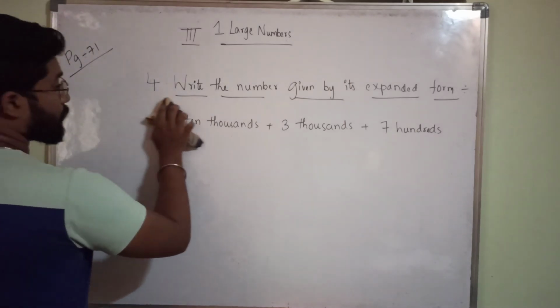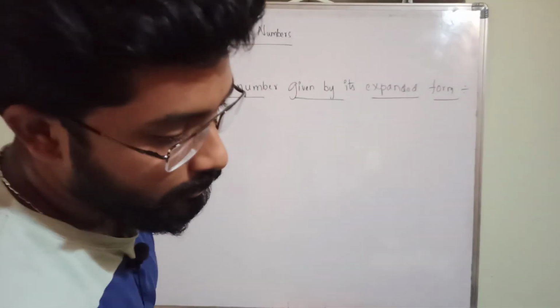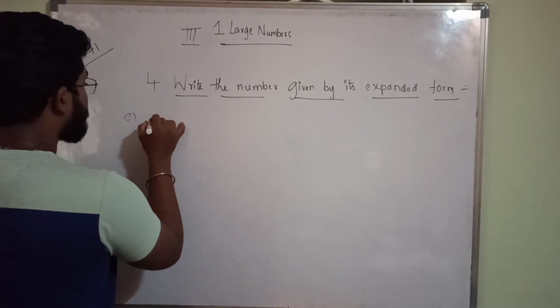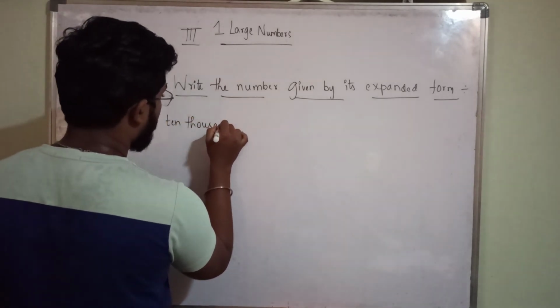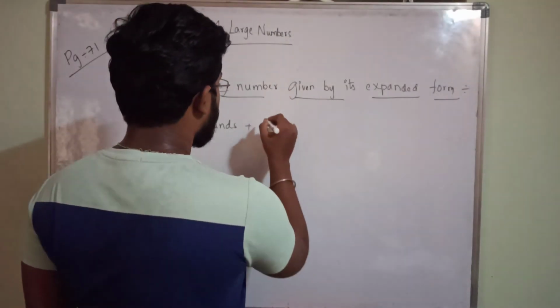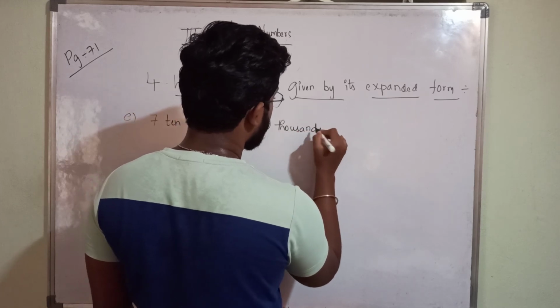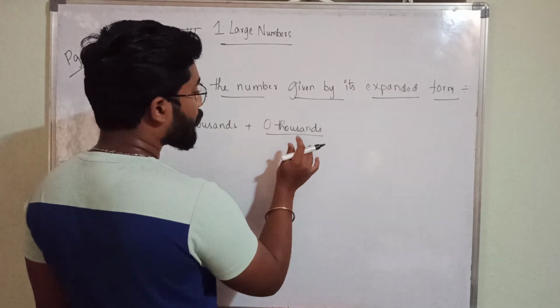What is the next one? E. 7 ten thousands plus 0 thousands. 0 thousands means 0 into 1000, and 0 into any number is 0, so no need to write this.